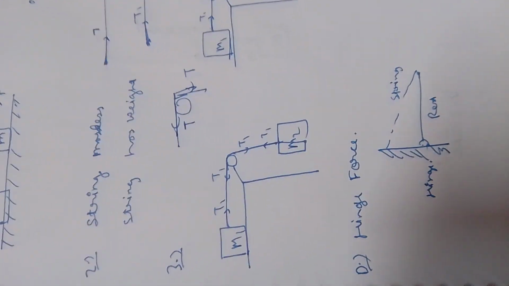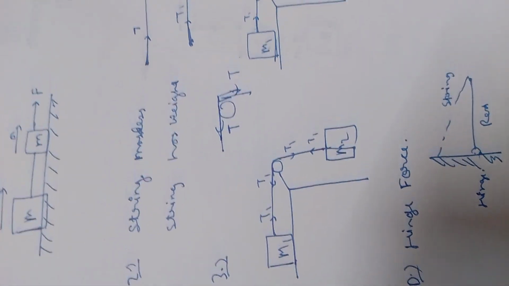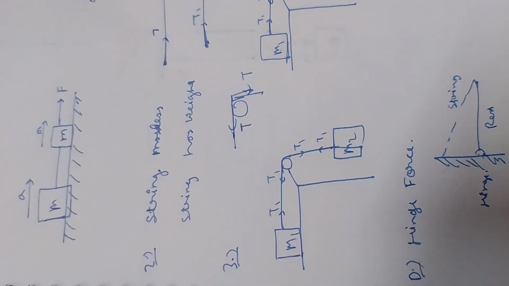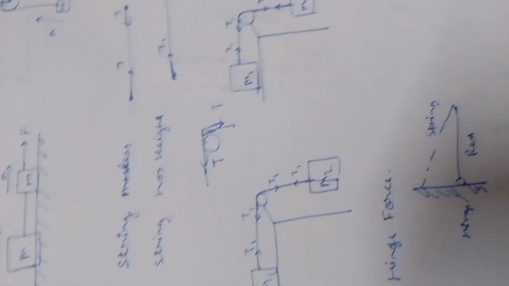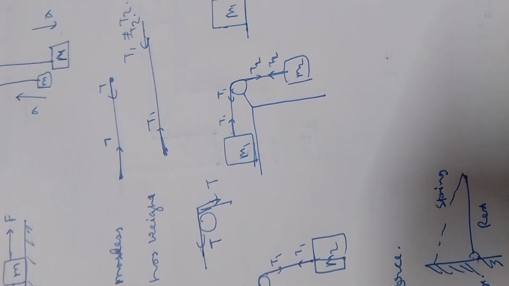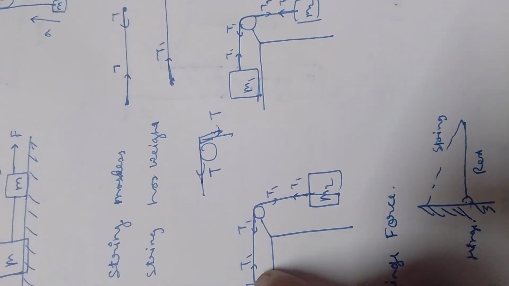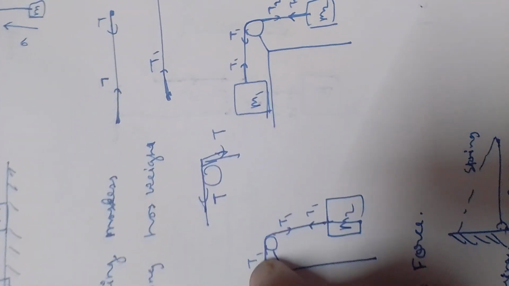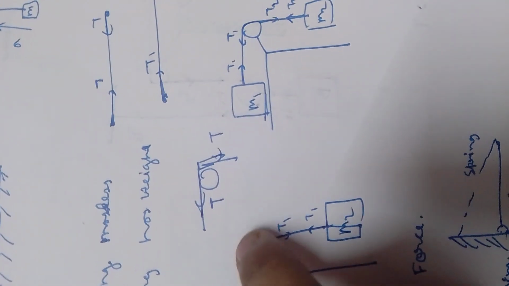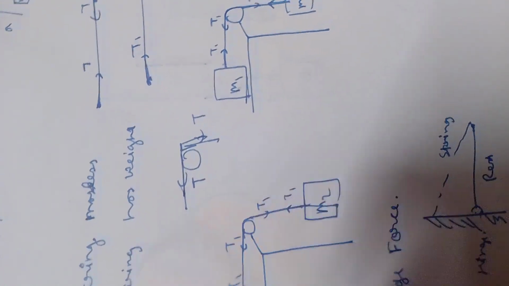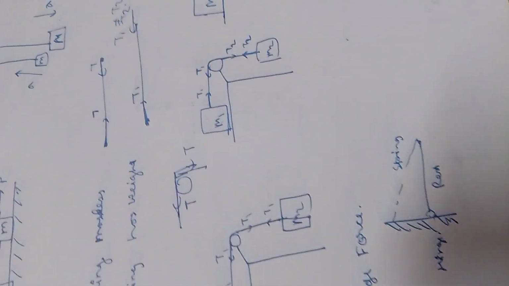Let's see the three cases. First, the string and pulley are massless and there is no friction between the pulley and string. So the tension all over the string will be the same, and the tension above and below the pulley is also the same because the pulley is massless.